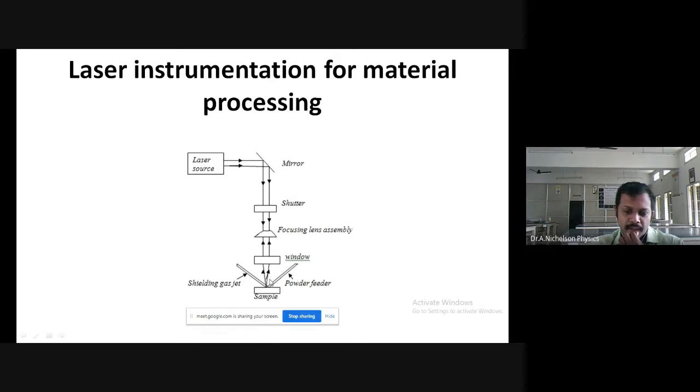Here it produces some heating effect, and the material will be melted, and it is in the molten state. Now if you feed some other metal into this, it will produce the alloys of the metals. So that is the use of this powder feeder. Okay, so this is the basic setup.